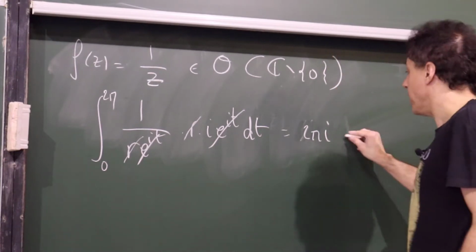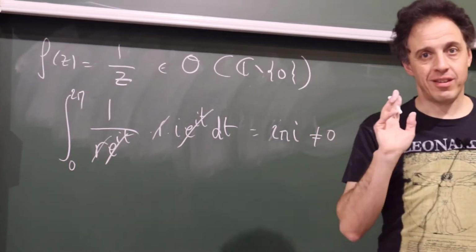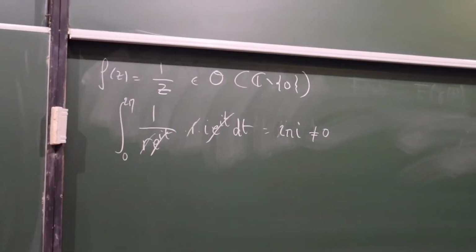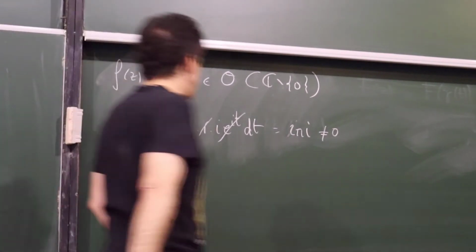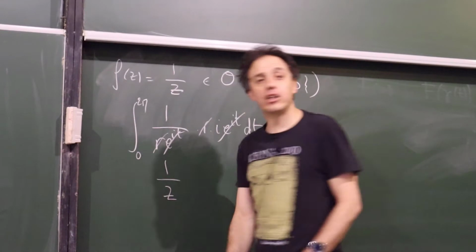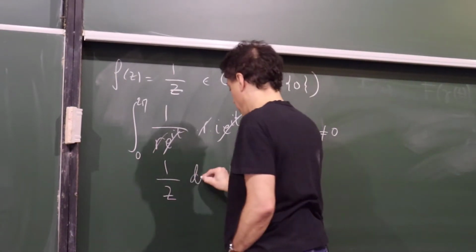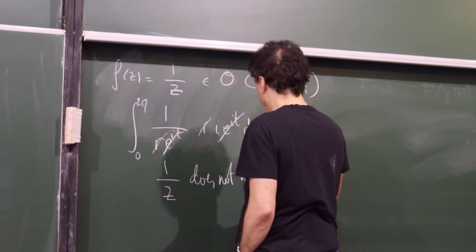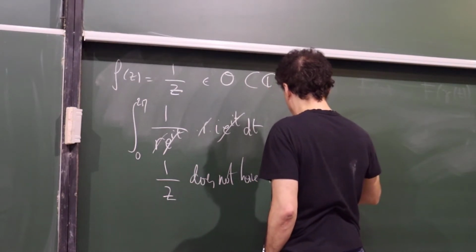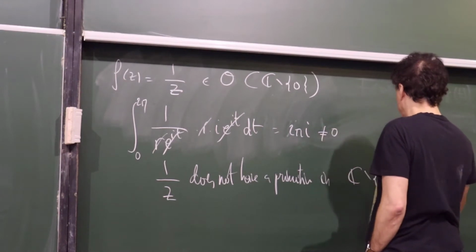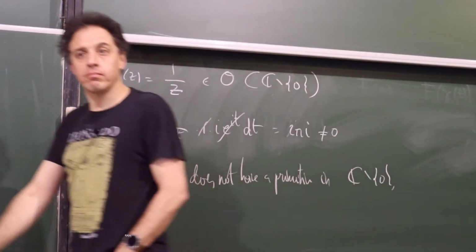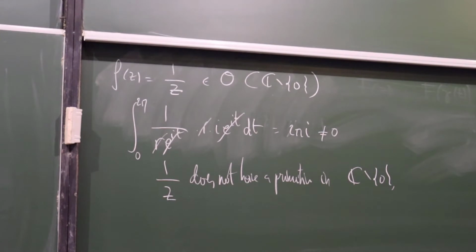Okay, in particular, this is not 0. So, as a first conclusion, we have that 1 over z does not have a primitive, because we have found a closed path such that along that path the integral is not 0.